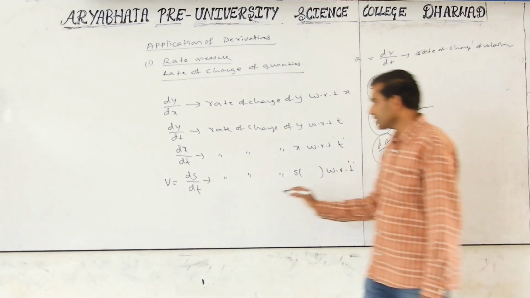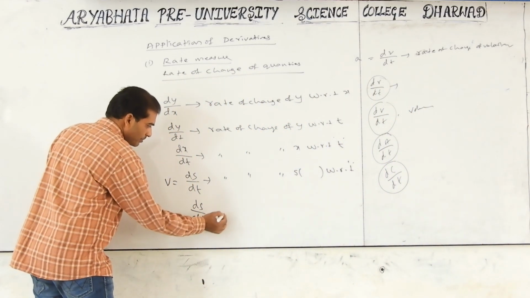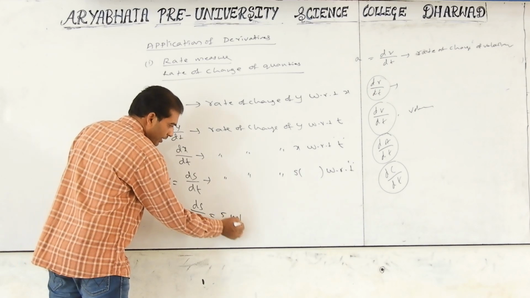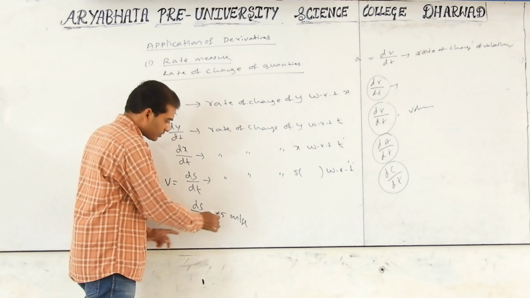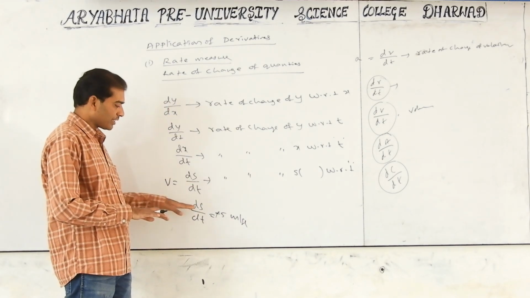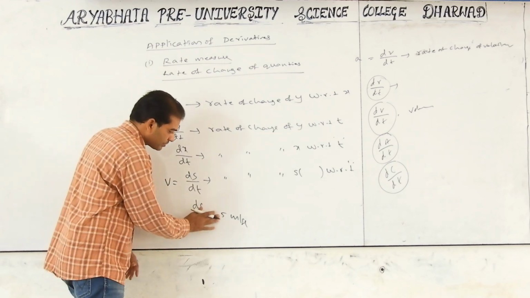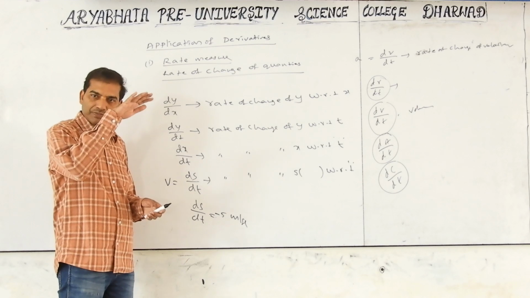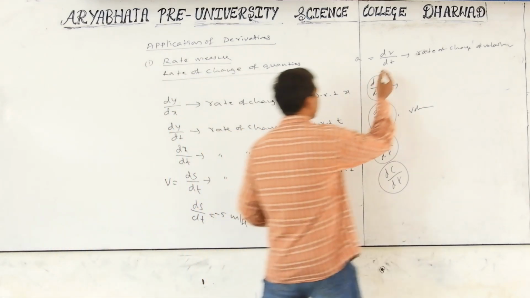If the velocity ds by dt is positive, say 5 meters per second, then the displacement is increasing. If it is negative, then the displacement is decreasing. The same thing is applicable for all.